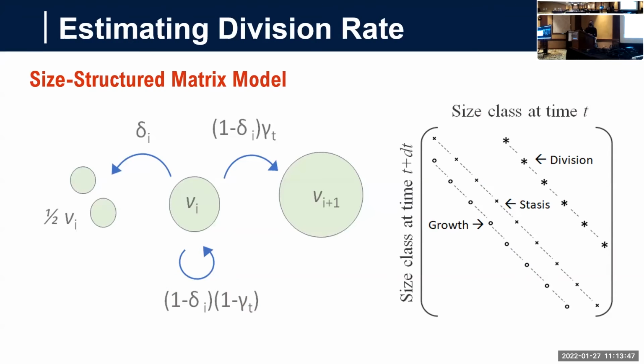We can do that using a size-structured matrix model. We bin all of the cells into bins by their volume, and for every time step, we allow those cells to either grow into the next volume class or divide and reproduce 2 cells of half the volume. So the transitions are shown on that matrix on the right, and the values of those positions will be informed by our parameters.